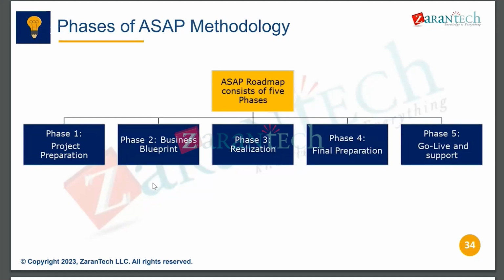Project planning, everything is done in the project preparation phase. This is the initial phase, and all the kickoff activities happen here. Once the kickoff activities are done and resources are onboarded, we go to the business blueprint phase.